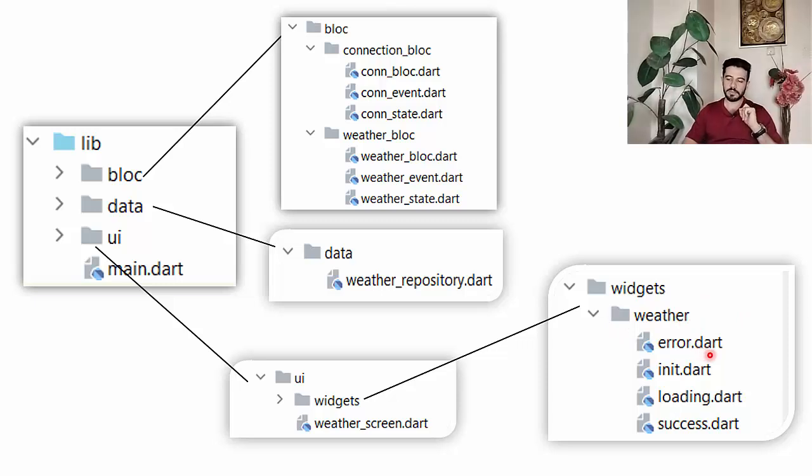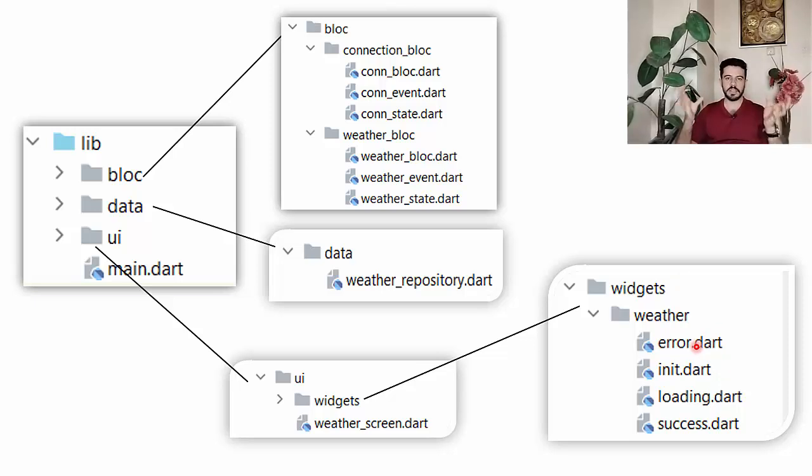So here I add what? You remember in the weather block, I said we have a state. The user presses, and it gives a state. Depending on this state, I need to build the UI, the user interface. This is the idea here. So I have created a separate widget for each state. If it's the error state, I create an error widget that gives me the error message.